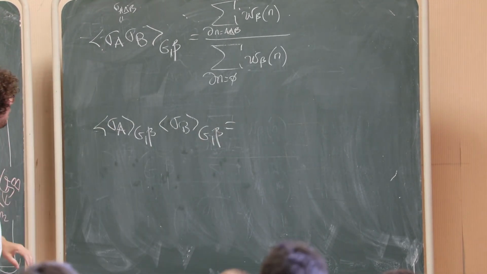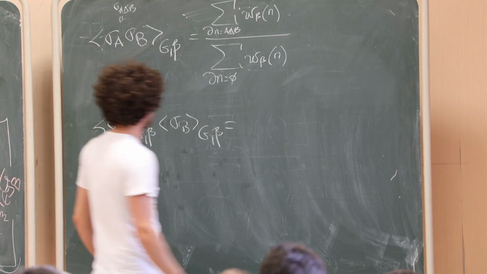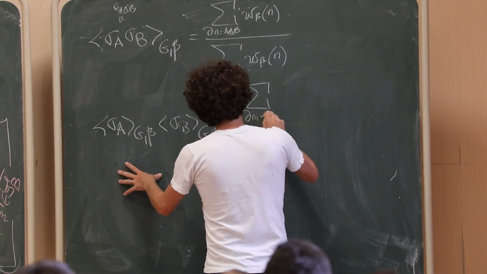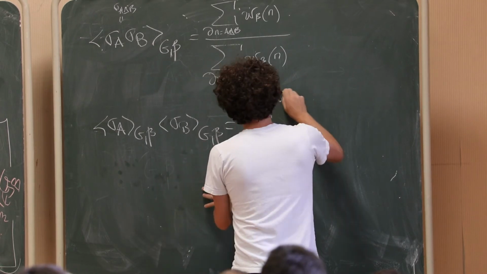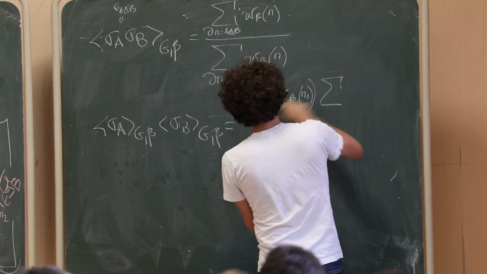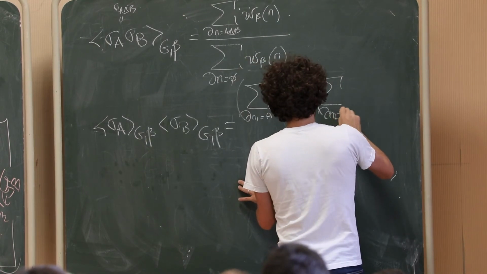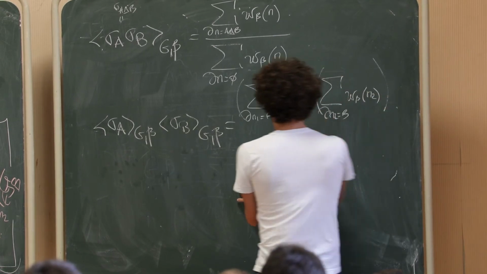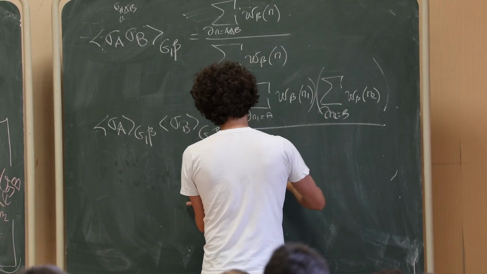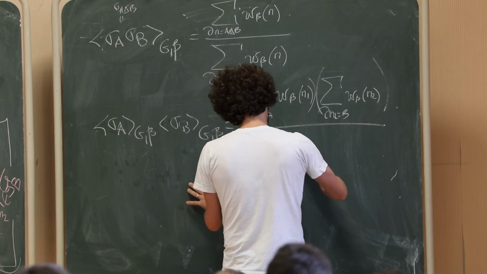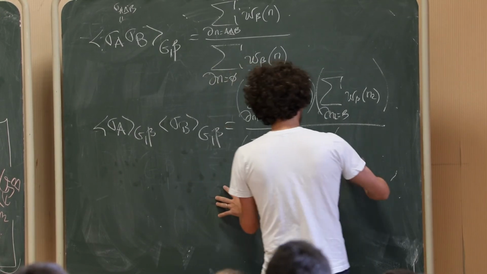Now this one, how do we express it? Well, it's the sum over N1 with sources A of W beta of N1, times the sum over N2 with sources B of W beta of N2, divided by sourceless times sourceless.